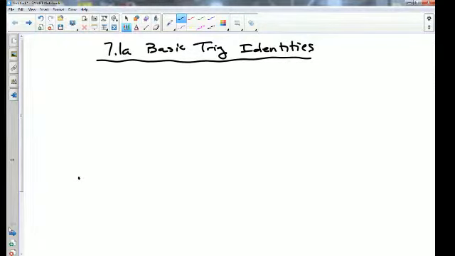Basic trig identities. You're going to have to pay attention and put your thinking caps on, right? It's new stuff to you. It's all trigonometry.